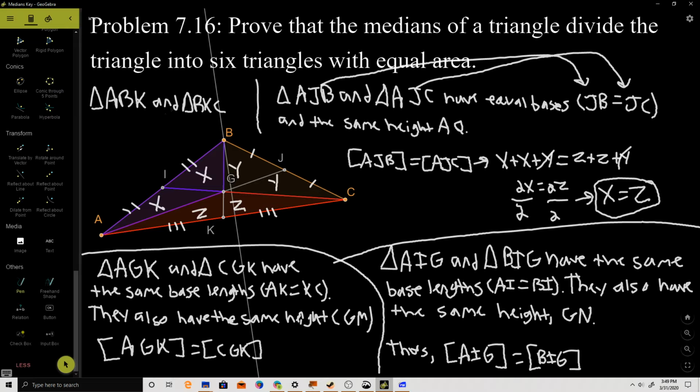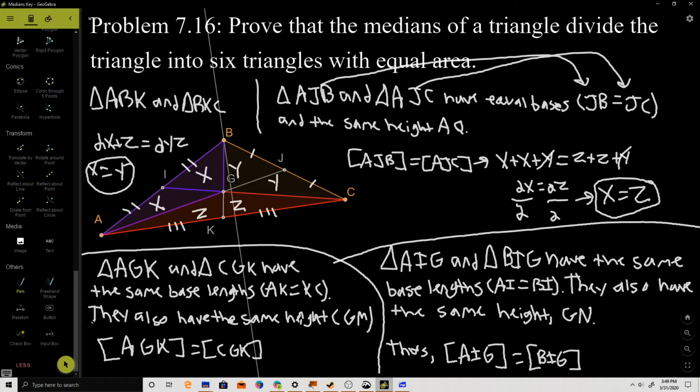You could easily prove the same way we just did that they have the same areas, which means we could set up that, well, ABK is X plus Z, so 2X plus Z equals, and then BKC is 2Y plus Z, and we would end up getting that X is equal to Y, thus proving that they're all equal to each other.